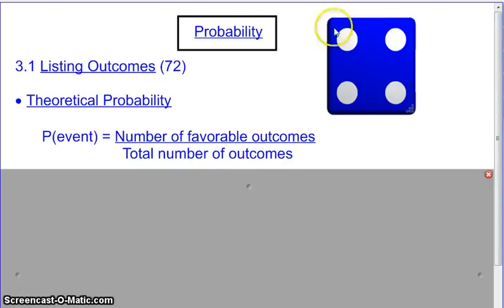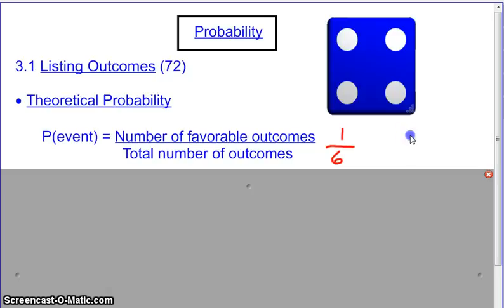So what would the probability of me rolling just the number 6 be for a single die? Well, how many faces have a 6? Good. There is one face with a 6. Out of how many possible outcomes are there on a die? And I hear you saying 6, right? So we have one favorable out of 6 possible. So that is the probability of the event.